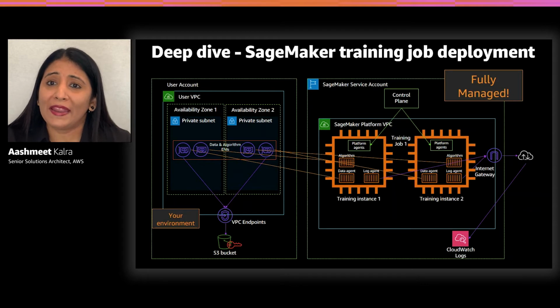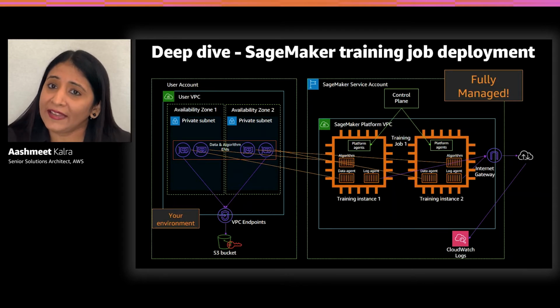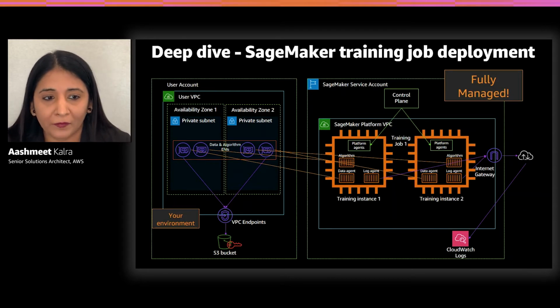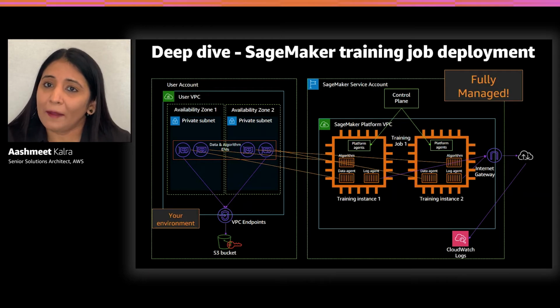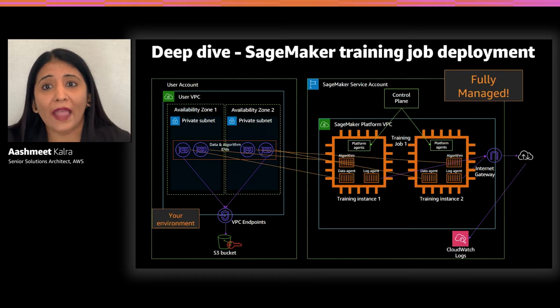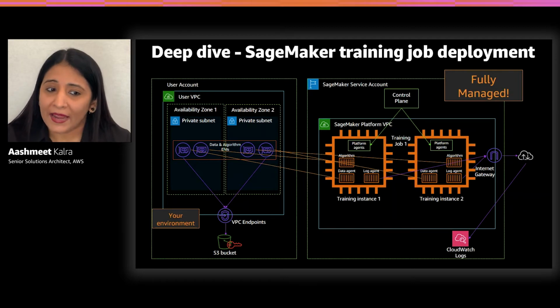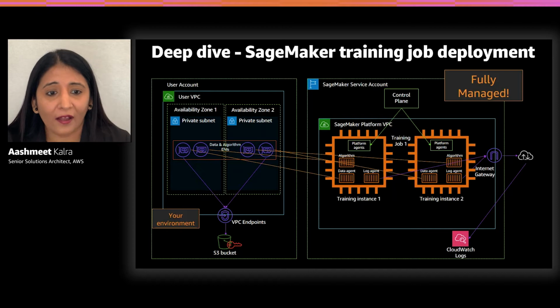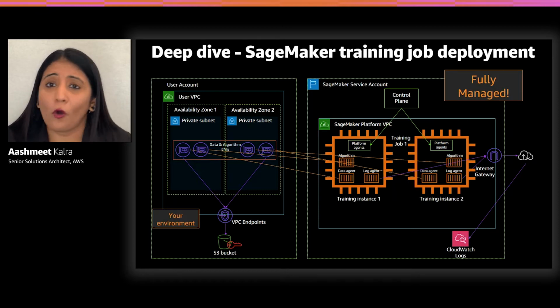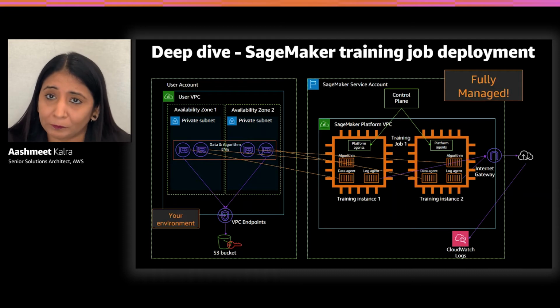The control plane has all the instances and EBS volumes set up. These link to the AWS user accounts via Elastic Network Interface. The data plane has the core data required and the script or the code to build and train your machine learning model.